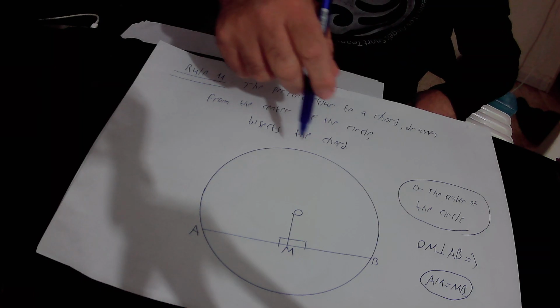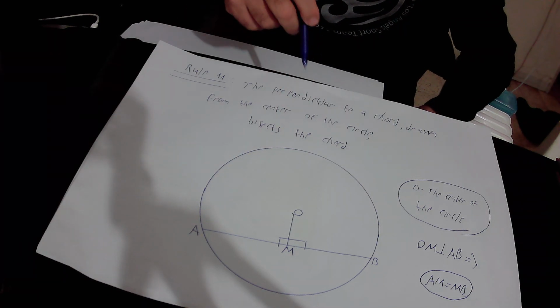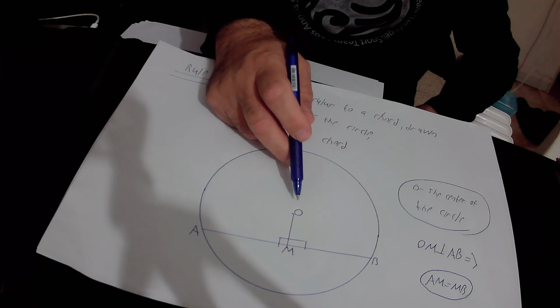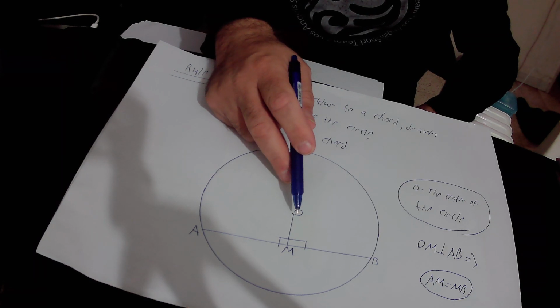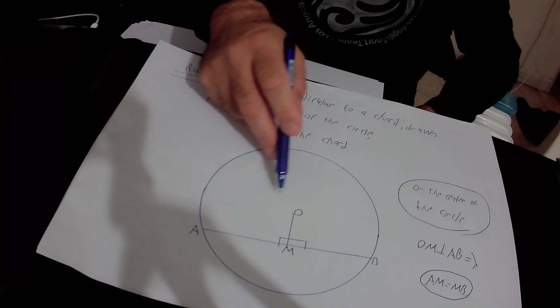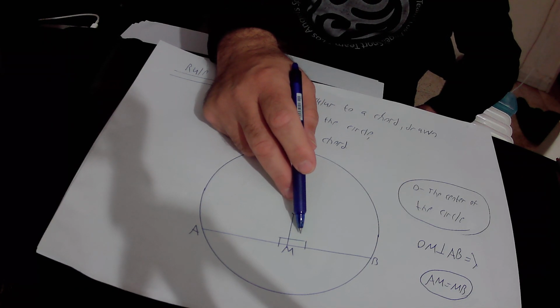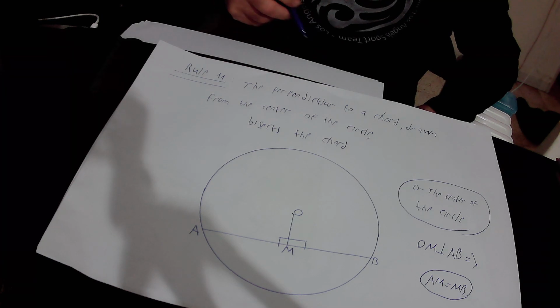Point O is the center of this circle. From point O, we draw perpendicular OM to chord AB. That is to say, this angle equals 90 degrees and this angle equals 90 degrees according to our construction.